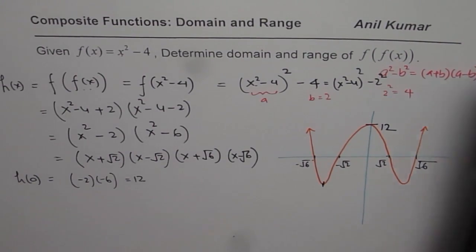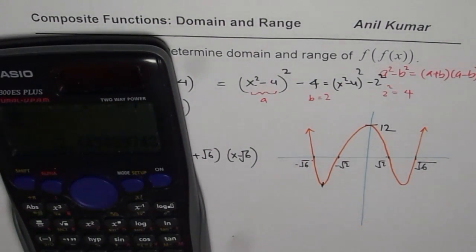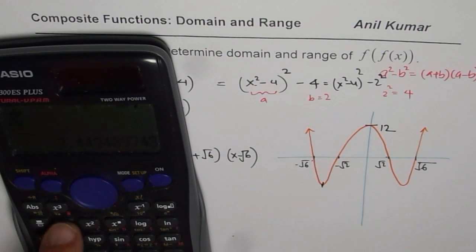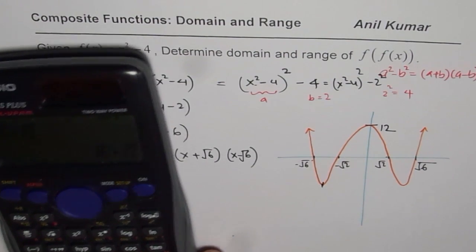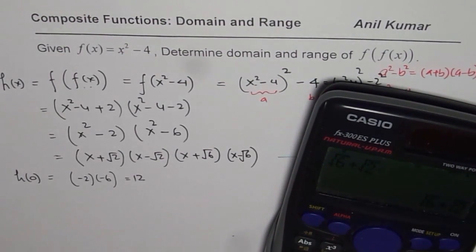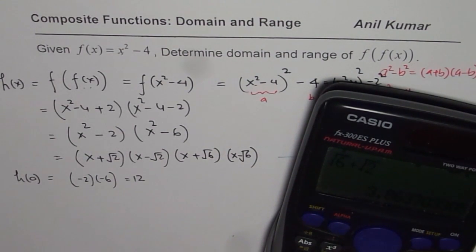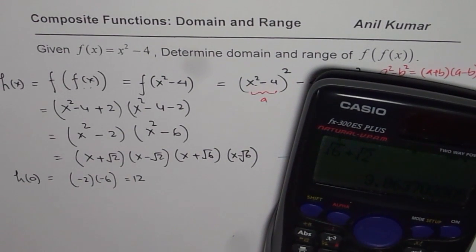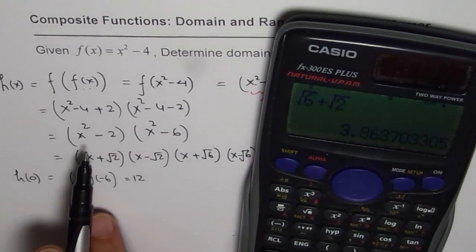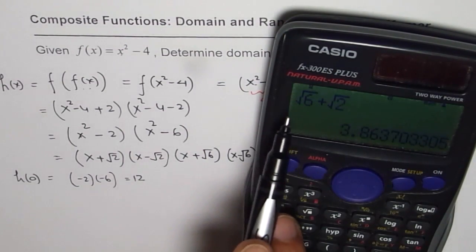So we have 2.44, let me write this as square root of 6 plus square root of 2, which equals 3.863.